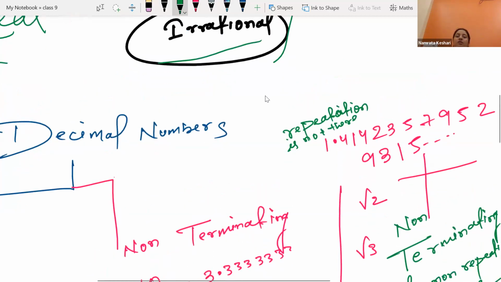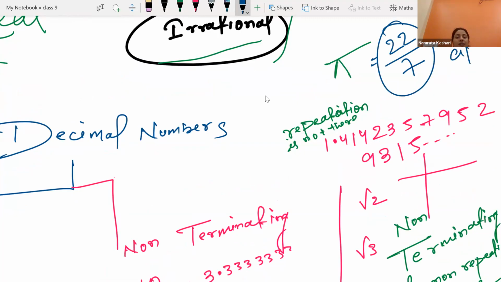Pi is also irrational. If you have used the pi value as 22 by 7 for calculation in your previous class, that is only an approximation we use for calculation purposes. Actually, pi is irrational.